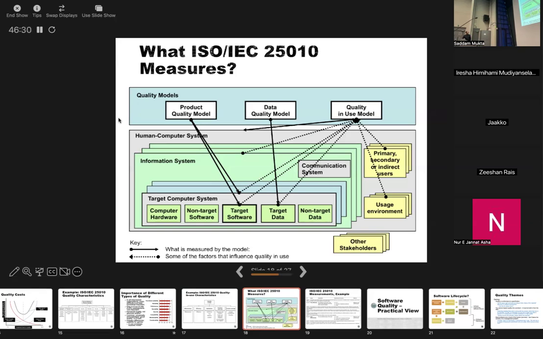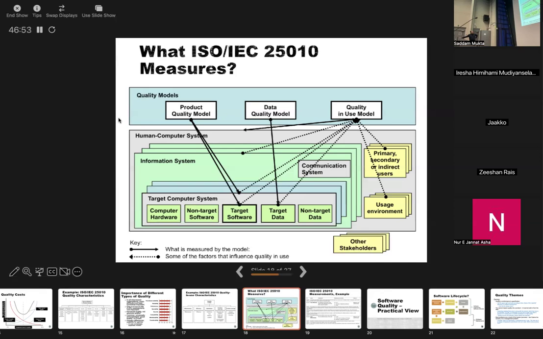So what is the product quality model doing? We are checking the product under evaluation, the product under assessment. This is a straight, solid line for the product quality model, covering the target software.